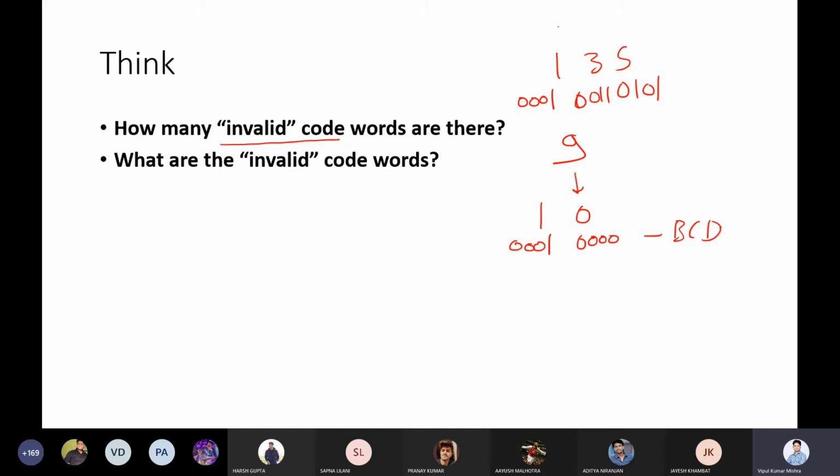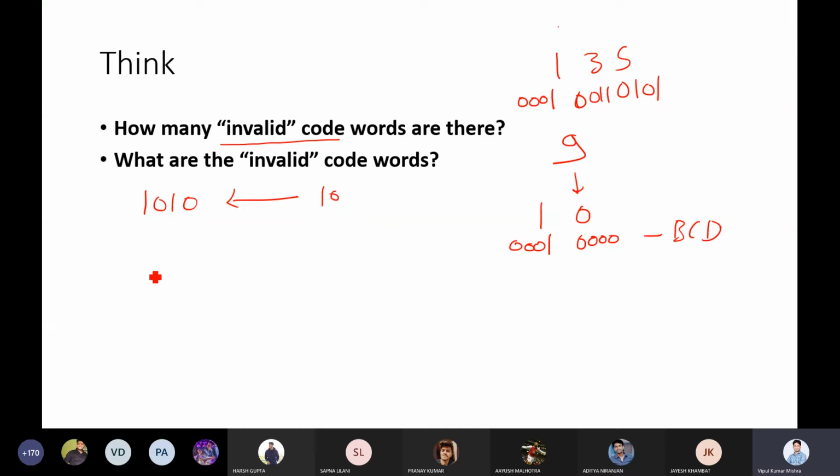Right? Then what will happen if you get, let's say, 1010? Is it really possible in the BCD system? Will this come anytime? Is there any possibility that this number will come?